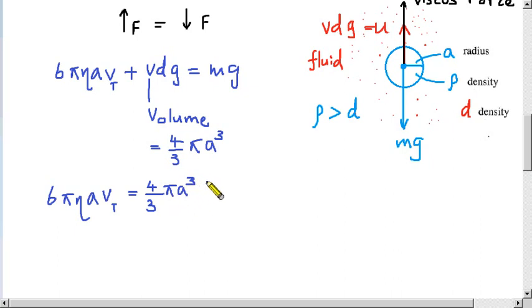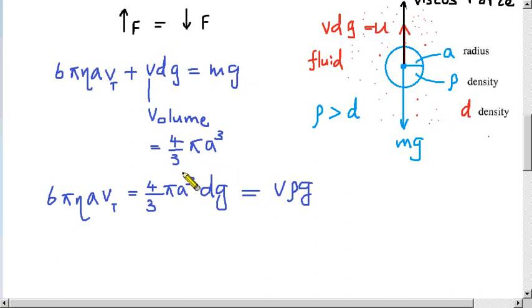4/3 π a cubed, then d g. So we are writing this term. Only this part is V, the volume, then d is there, and g also. mg is what? Volume times density of the object, which is V ρ g.